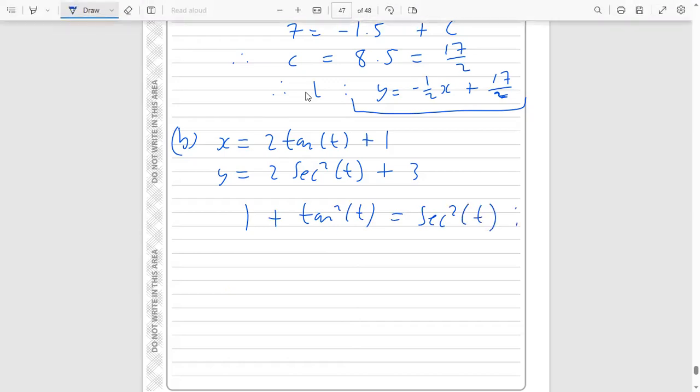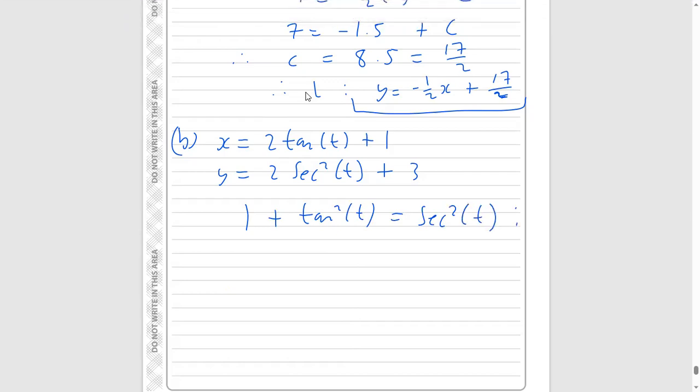So instead of having a sec squared t there, I'm going to write 1 plus tan squared, because in my formula for the x coordinate I've got a tan involved. I want to get rid of this sec squared and write it in terms of tan instead, because that's going to help me eliminate the variable t to get the Cartesian equation just in terms of y's and x's. So let's just plug this in.